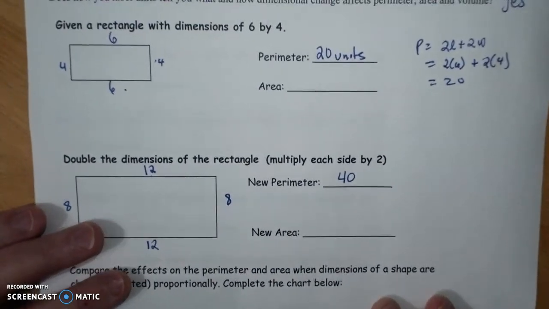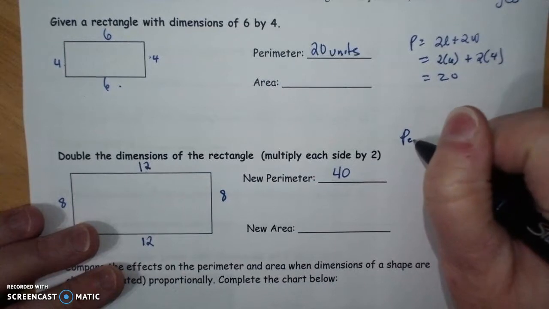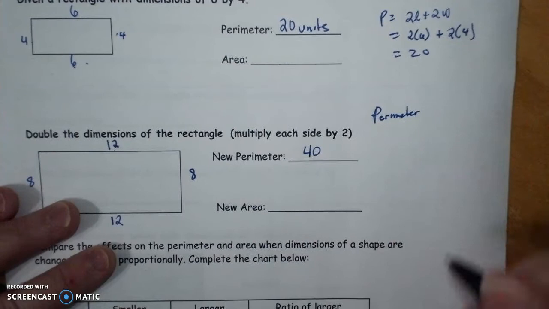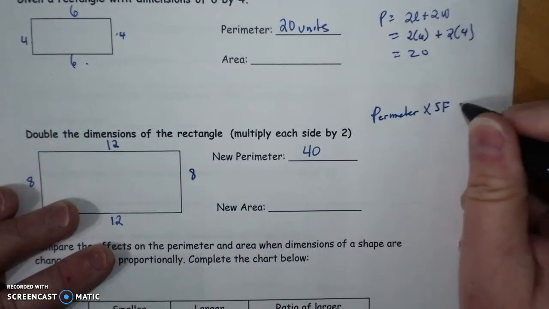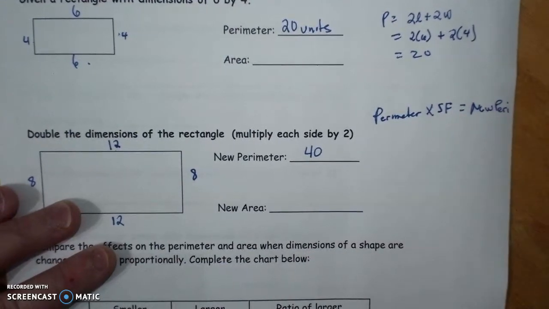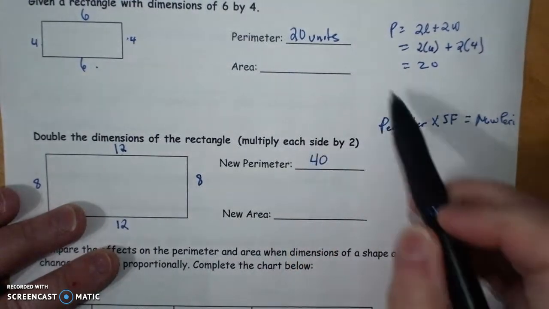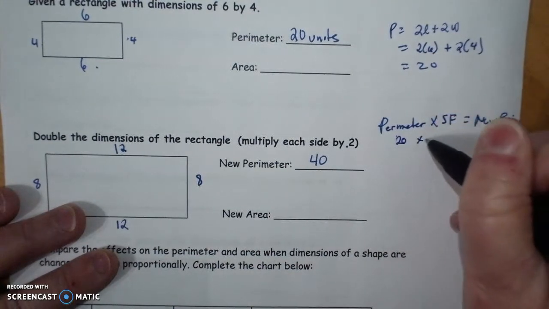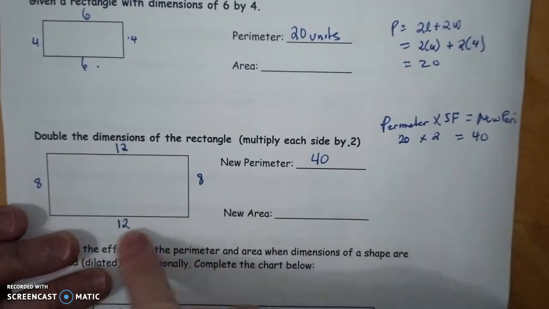And perimeter times scale factor equals new perimeter. So if I take my perimeter times my scale factor of 2, so 20 times 2 equals 40, which is that. And I wouldn't have had to draw that.